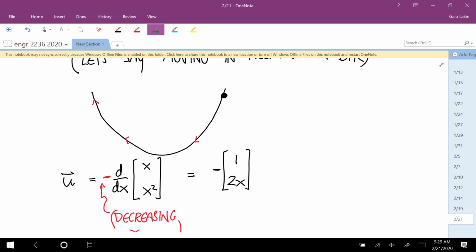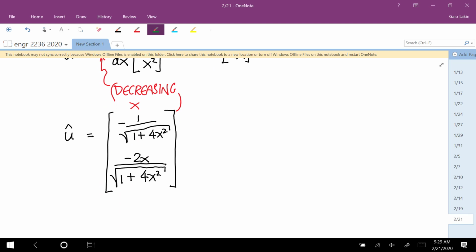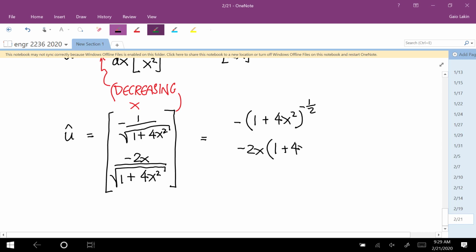So I'm going to write that as negative quantity 1 plus 4x squared to the negative 1 half, and negative 2x times the quantity 1 plus 4x squared to the negative 1 half.